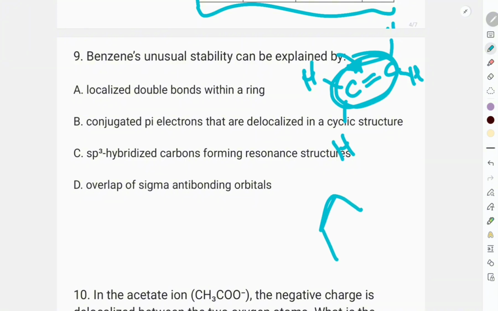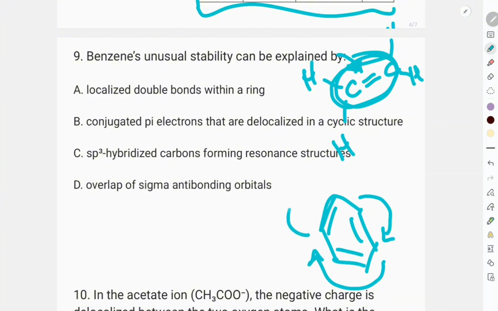In benzene, on the other hand, it has multiple double bonds, and they are shared throughout the entire structure. It is not in one specific area. So this makes it delocalized. So we can cross out A.